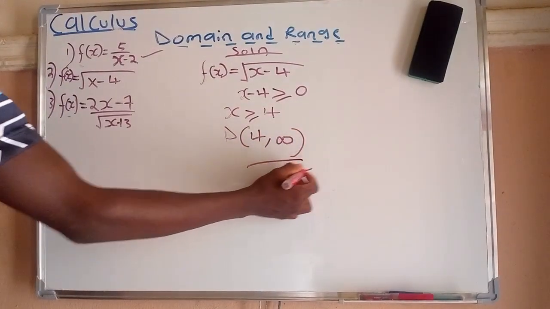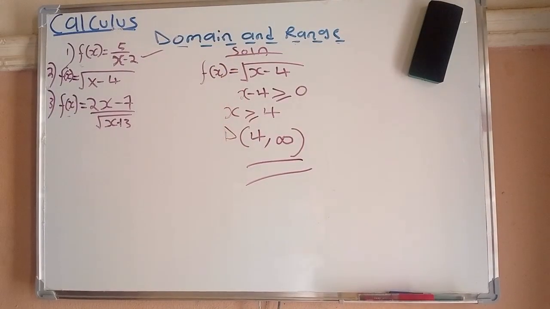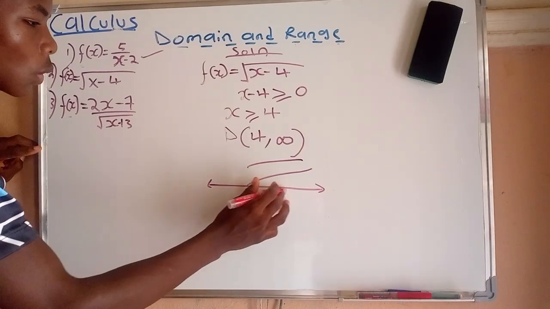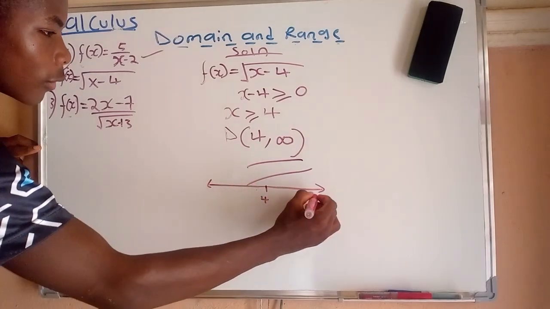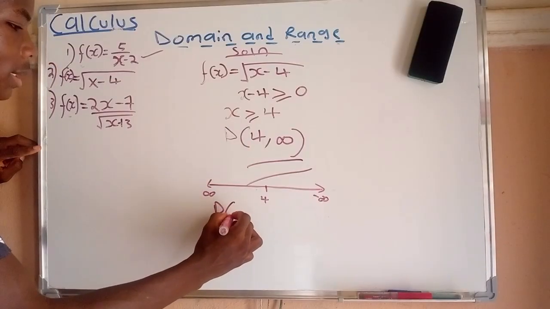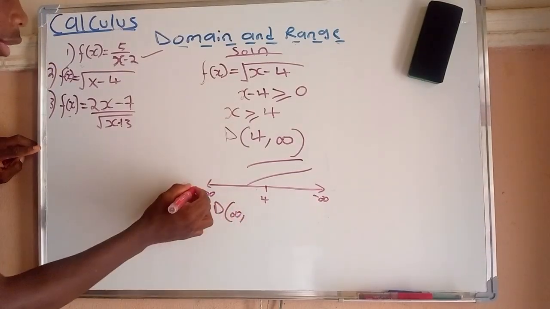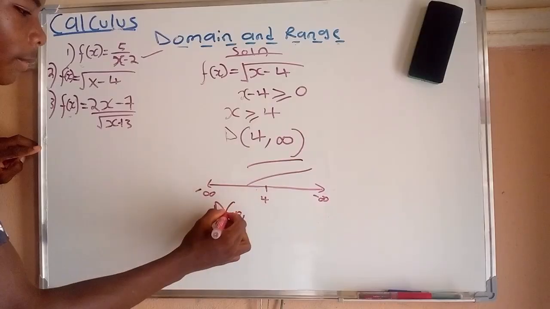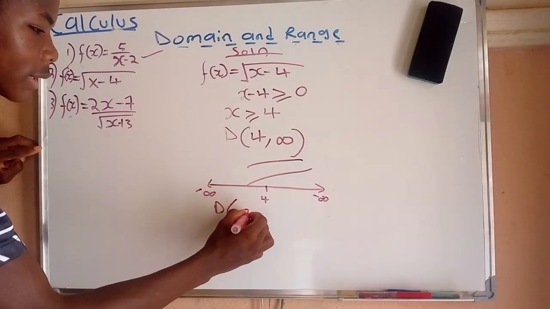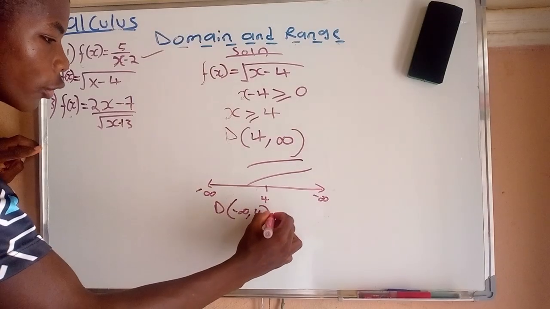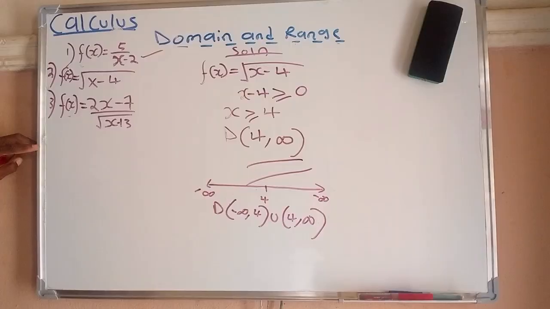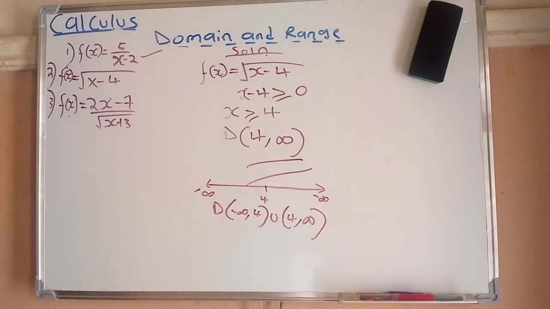You can also show it on an interval line with positive 4, negative infinity, and infinity. So this is the final solution for the second question.